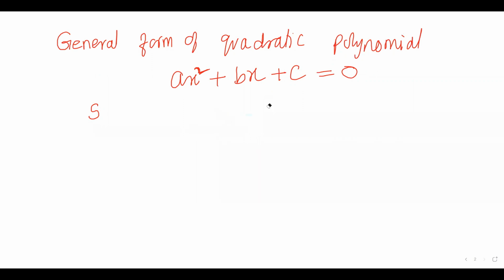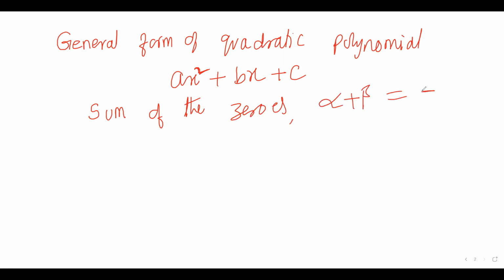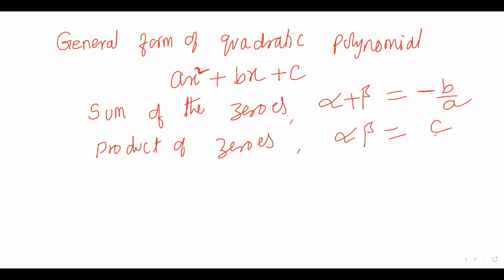Just remember that a quadratic polynomial has 2 zeros, and the sum of the zeros, alpha plus beta, is given by minus b by a, and the product of zeros is given by c by a. So please remember these two formulae.